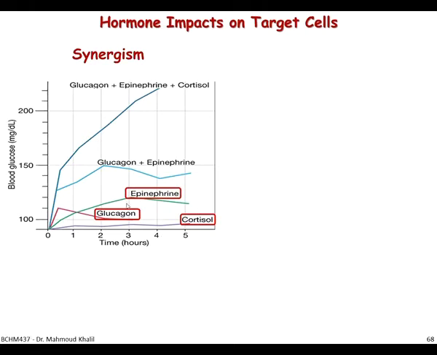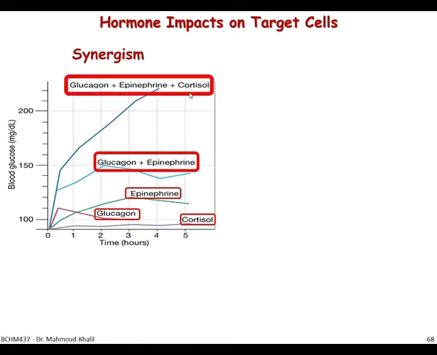So each of these three hormones, when working separately, has its own effect. Once the glucagon is in action with epinephrine, the blood glucose level is affected dramatically. Another dramatic effect appears when the cortisone is present with the epinephrine and the glucagon, and the blood glucose level is markedly increased. So this is a perfect example of synergism leading to an increase of blood glucose level.